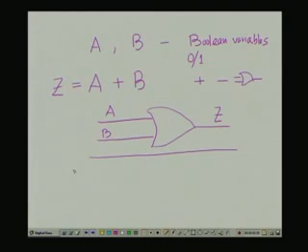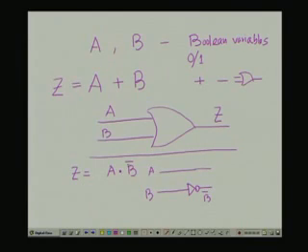Now, say Z equal to A dot B complement is given. Then for A, one line. For B, another line, and as it is complemented or inverted, I will put a NOT gate there. This is actually B complemented.